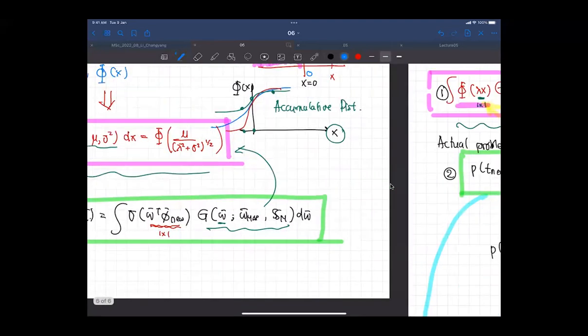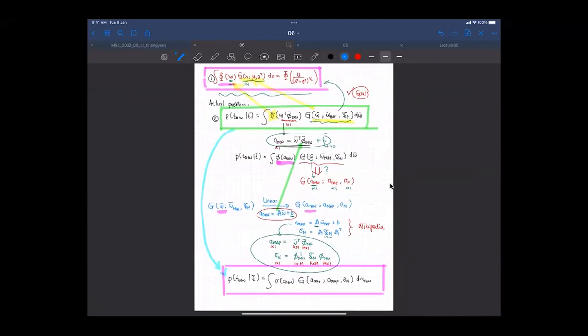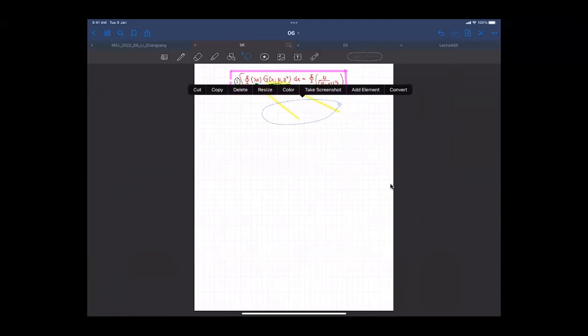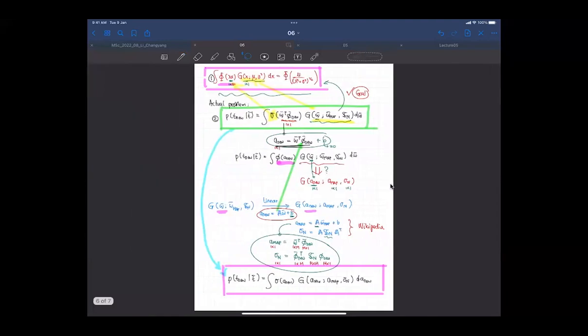Okay, so now we know we can transform the green box into the red box in the bottom, right? So we can replace that. Let's copy and paste the first format that we want to use. This one is the reference, and this one is our new equation.